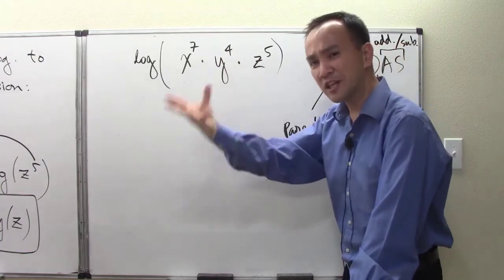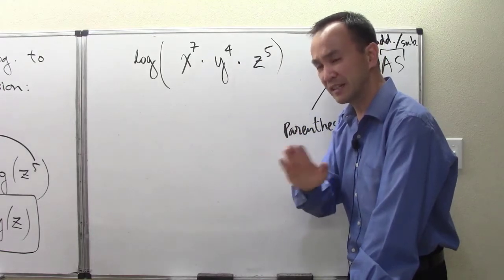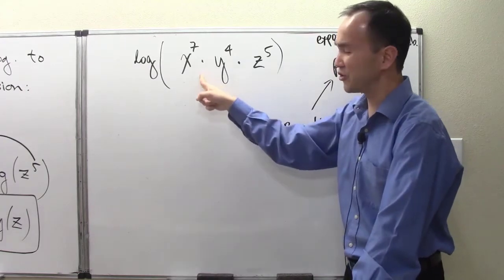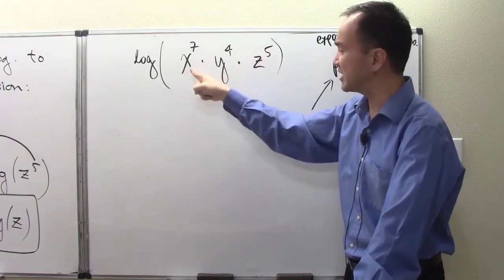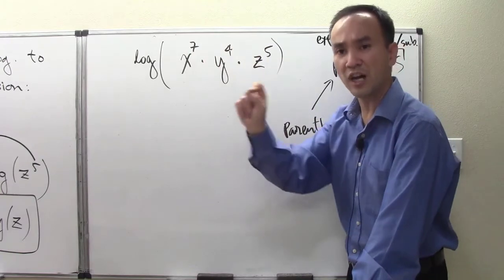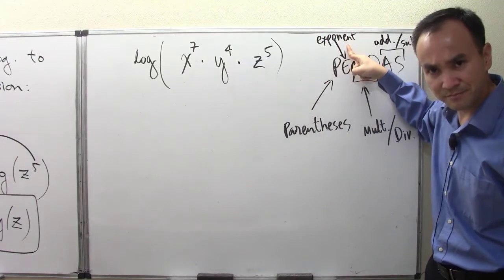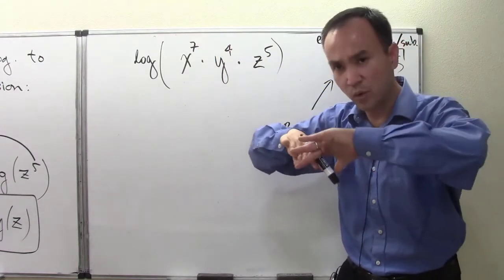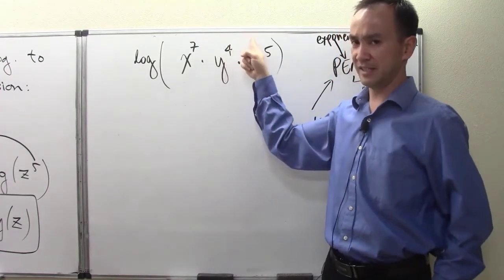If we were doing an evaluation problem, a calculation problem, we would have to proceed with raising powers first: raising each one of these to the power 7, 4, and 5 respectively, once we knew the values for x, y, and z, because exponents come first. In a plain old calculation problem, exponents come first.